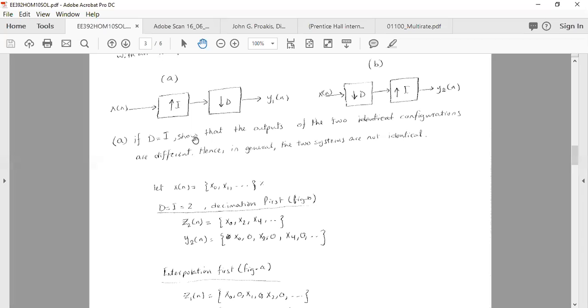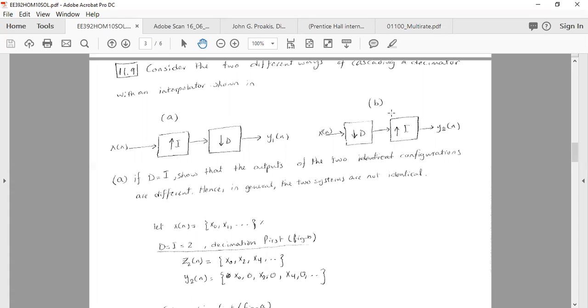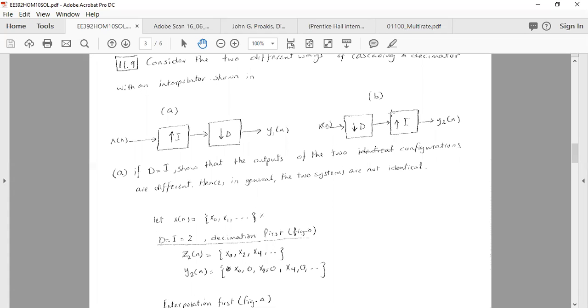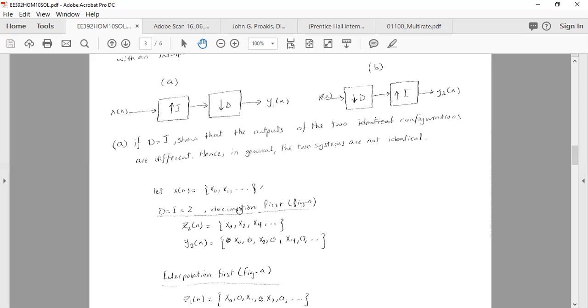Now, after decimation, the signal that we have obtained passes through an interpolator. So we have the decimated signal that we get after passing through the decimator block, and now we need to interpolate it.